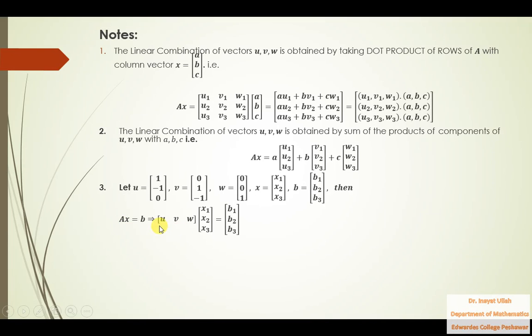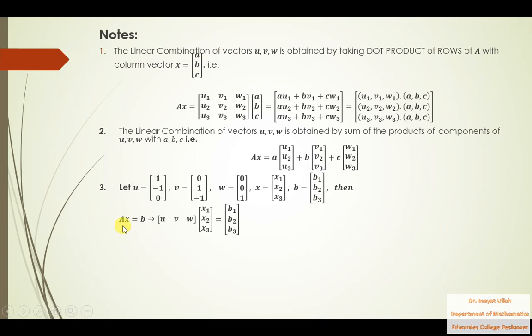So Ax is equal to b. A is actually the matrix having columns u, v, and w, and x is the column vector x1, x2, x3, and b is again a column vector b1, b2, b3. Now we need to calculate Ax equal to b.